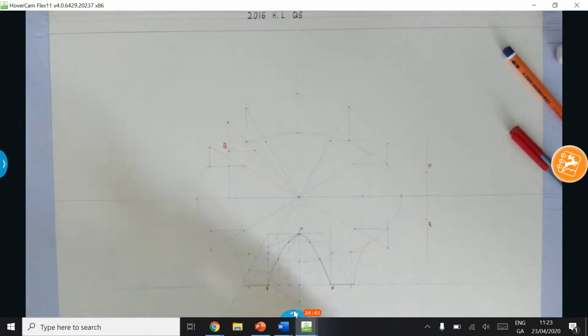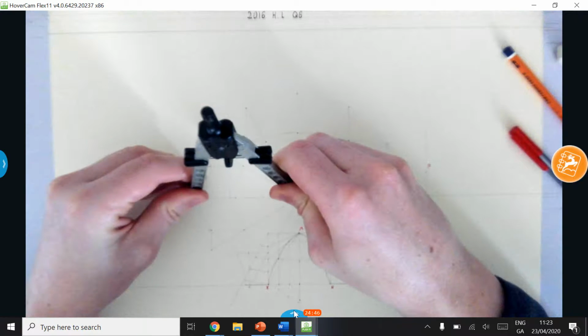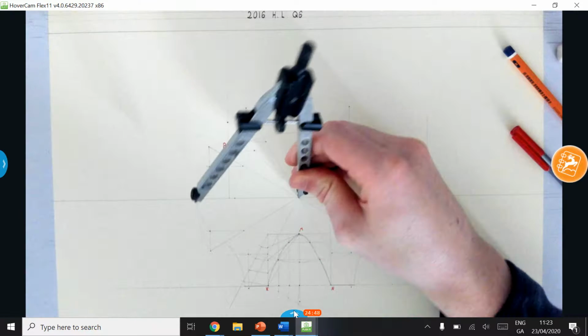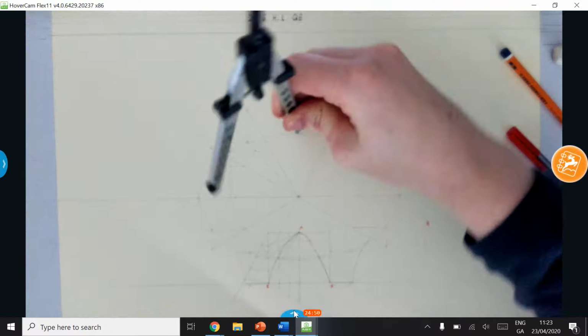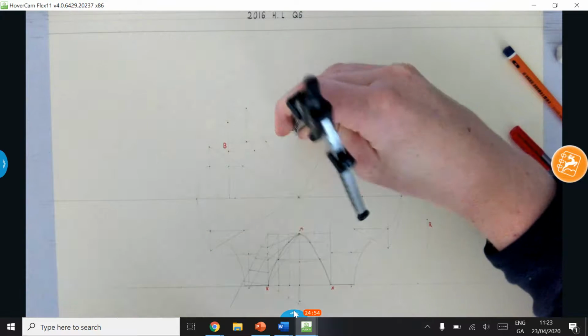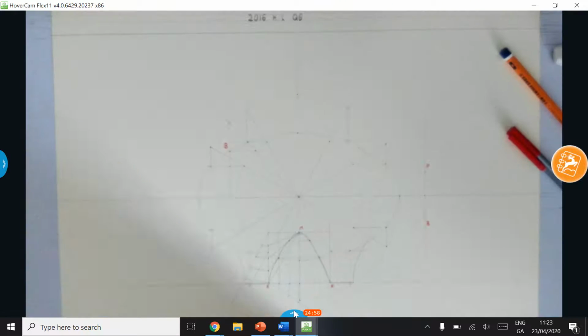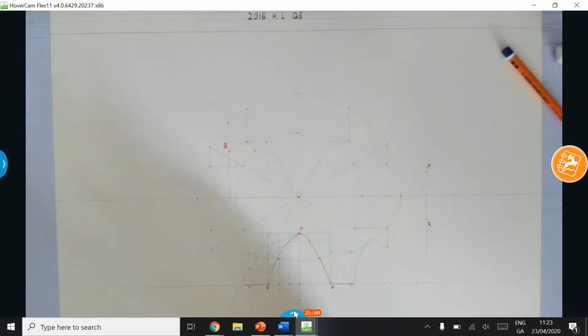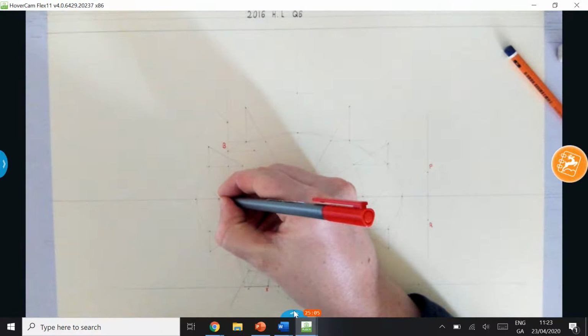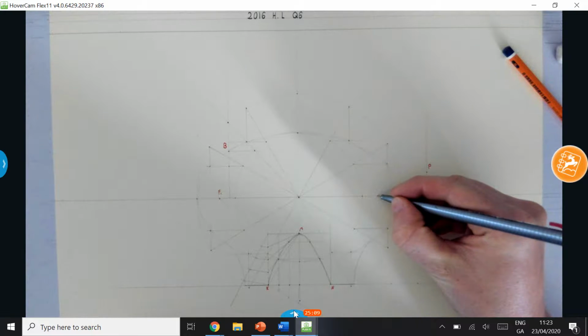So we're going to open our compass to half of the major, and then go to the top of the minor, and swing once to the left, and scribe once to the right as well. That now is going to find us F1, and F2.